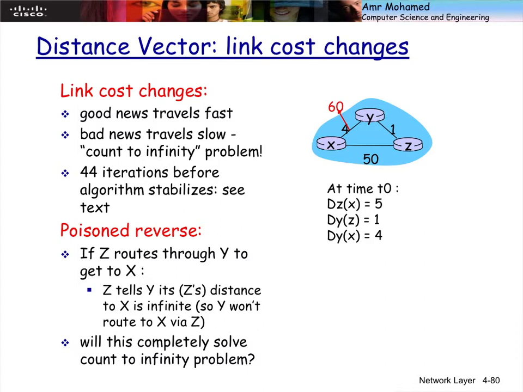One characteristic related to that is, well, good news travels fast, and we proved that last time. If a link changes its price to a better price, chances are this new price will travel through the network in a fast way.